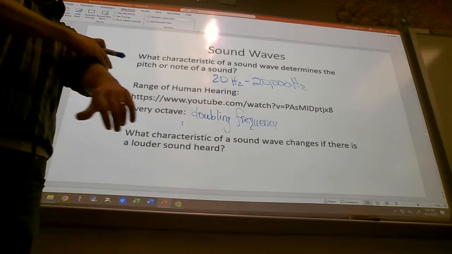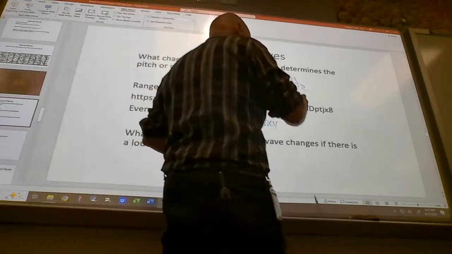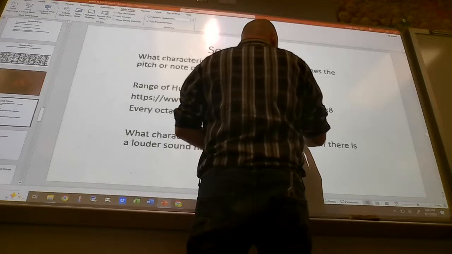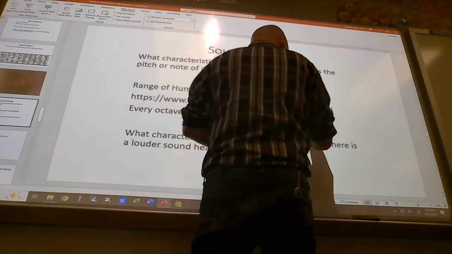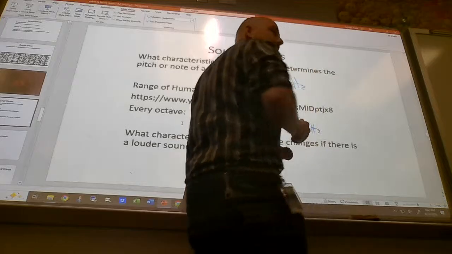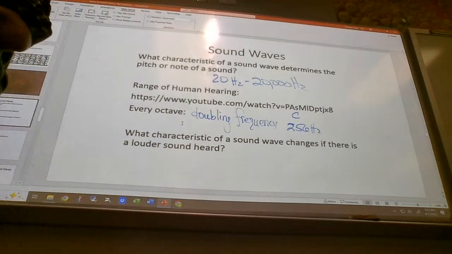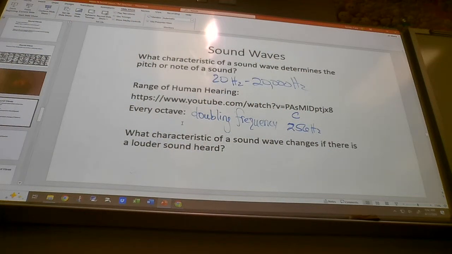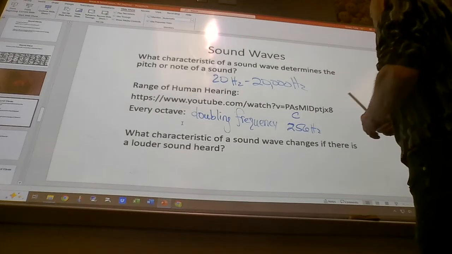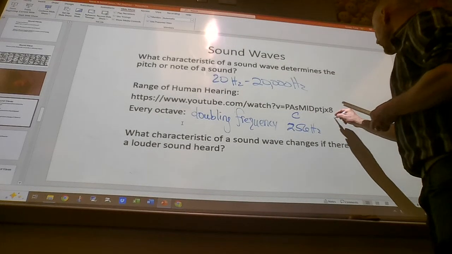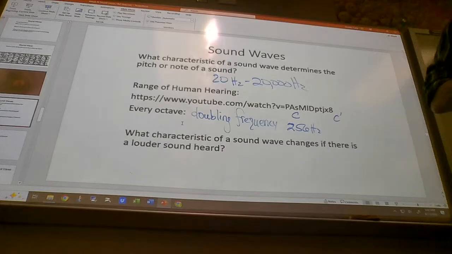So, middle C, I don't need you to memorize this, has a frequency of 256 hertz. Okay, this is middle C. So an octave above that is still C. What would the frequency of that be?